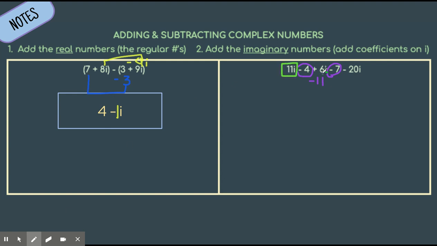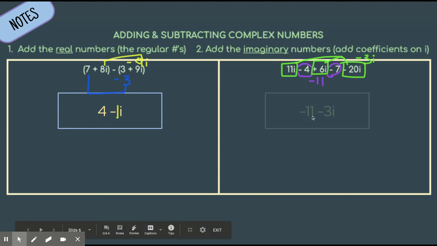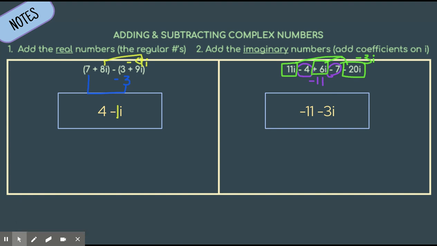So 11i plus 6i is 17i. 17i minus 20i is negative 3i. So you're just adding and subtracting the numbers the normal way. And then when you write your answer, we're going to put the negative 11 first because it's the real part. The i part goes second.